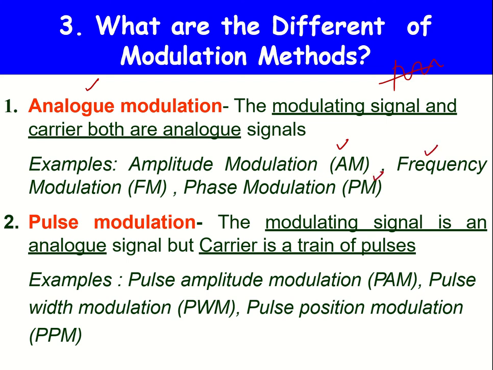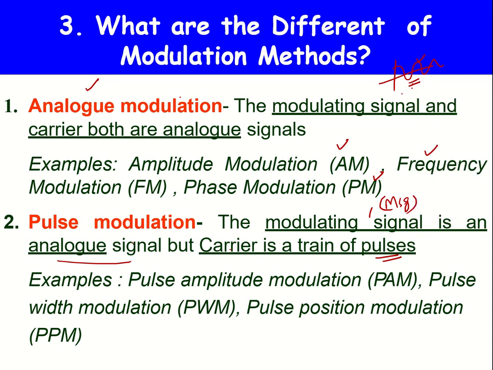Okay. For the digital signals, we call this pulse modulation. Basically the modulating signal is an analog signal. The modulating signal is basically your message signal. In analog modulation, your message signal or modulating signal is analog and your carrier is also analog.